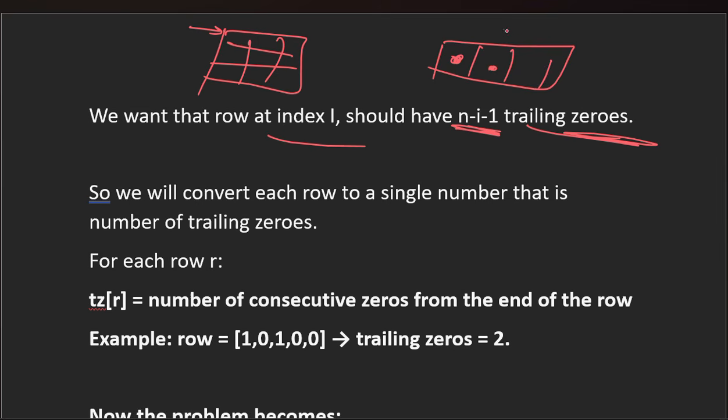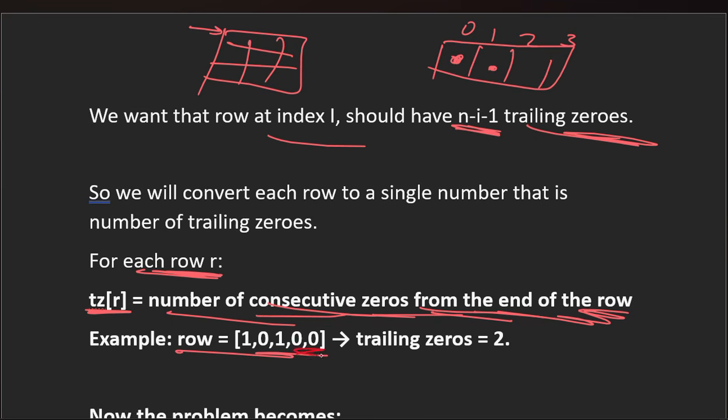Like 0 1 2 3, where tz of r, for each row r, we will be storing the number of consecutive zeros from the end of the row, the trailing zeros. Suppose our row is 10100, so here two trailing zeros are there, so tz of this row will be 2. So for each row we will be storing how many trailing zeros it has, right?